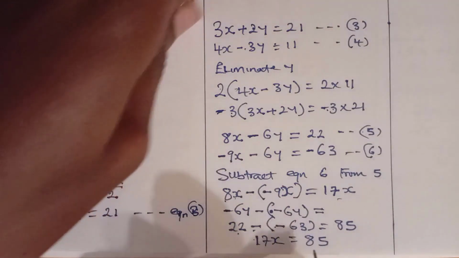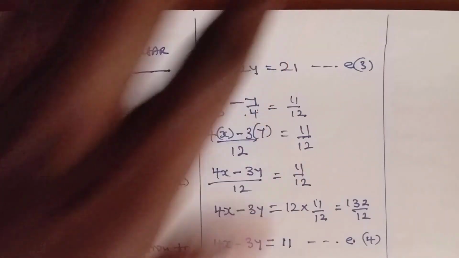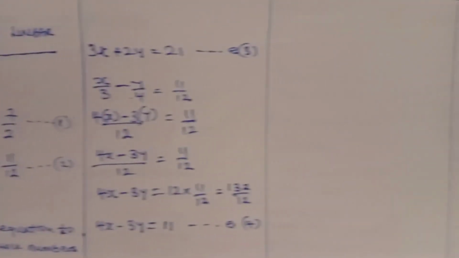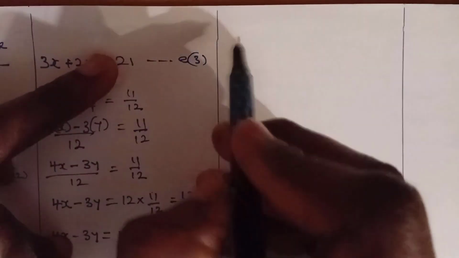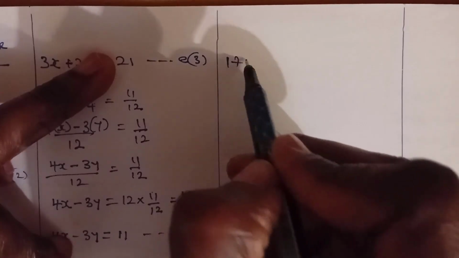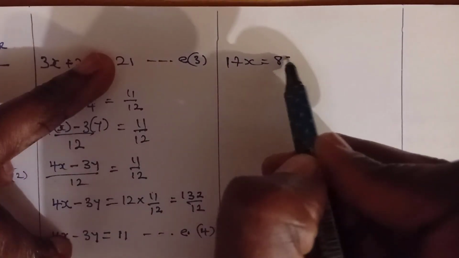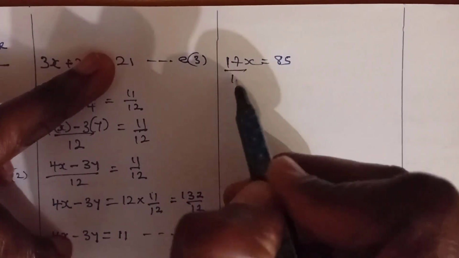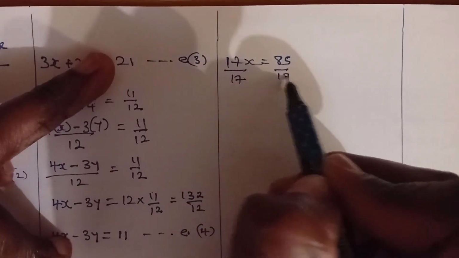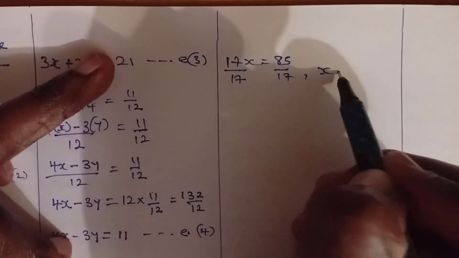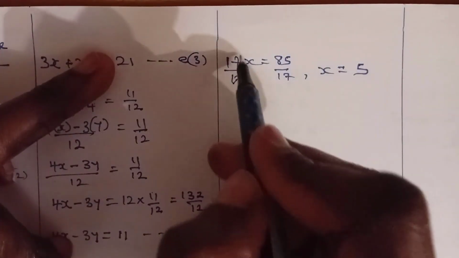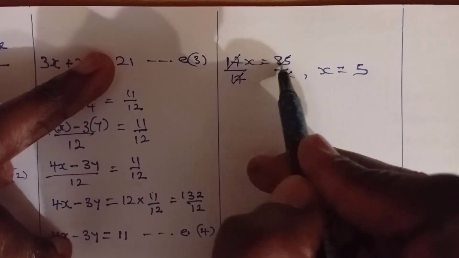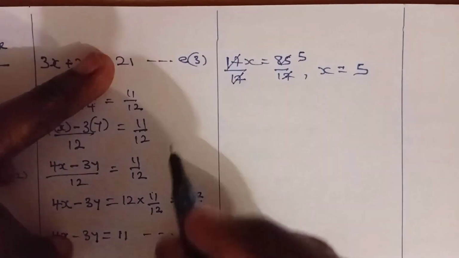So if 17x is equal to 85, let's see the value of x. Let me adjust my camera a bit. So we have 17x equals 85. So we divide both sides by 17 and x becomes 5, because here we cancel, and 85 divided by 17 is 5.